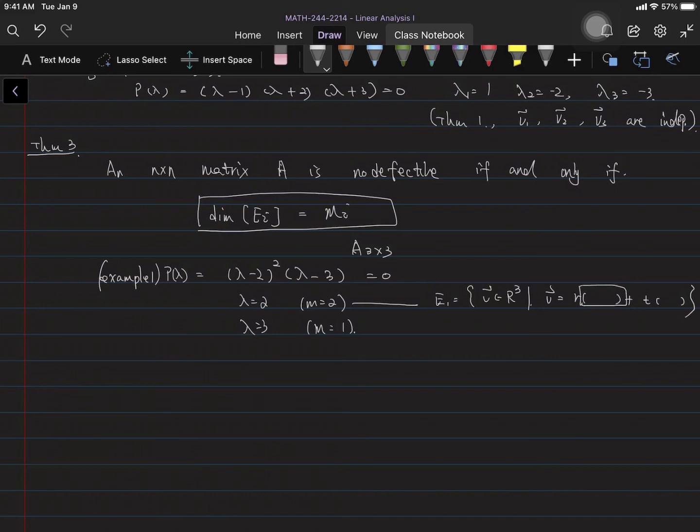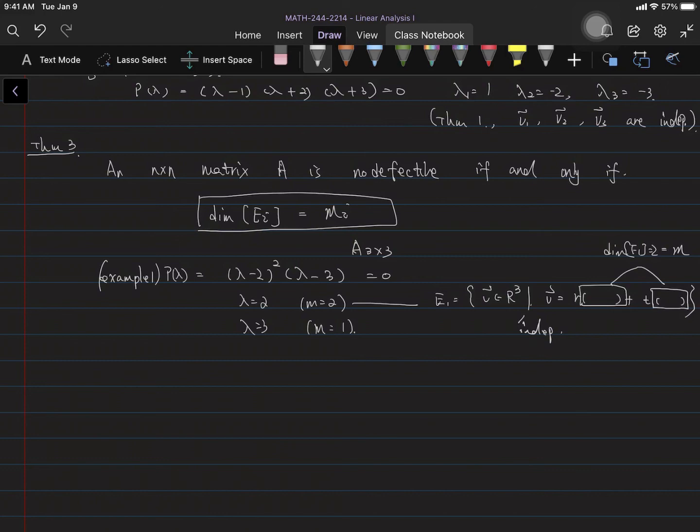And we noticed this eigenspace has dimension 2, right? Because we have 2 vectors, so the dimension of E1 is 2, the same as the multiplicity, also 2. In this case, we have 2 independent eigenvectors. And for the other eigenvector, because they are all independent, when we add all those independent eigenvectors together, we have exactly n eigenvectors. So that's why we have this theorem.